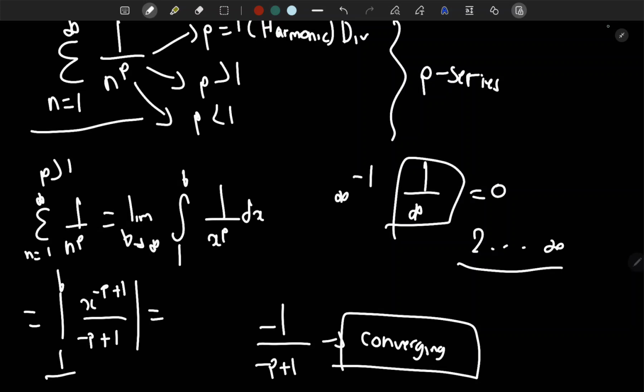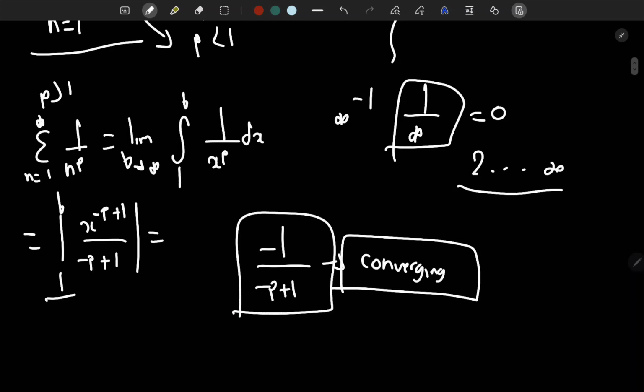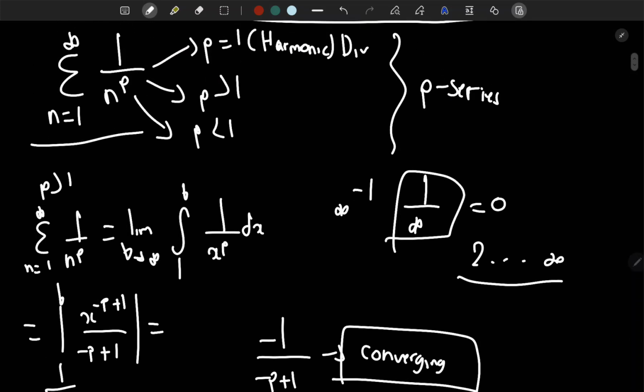And once again, you may not get an exact answer here. We just need to know the behavior, whether it's a converging integral or a diverging one. And that's how we find out the behavior of this sequence.